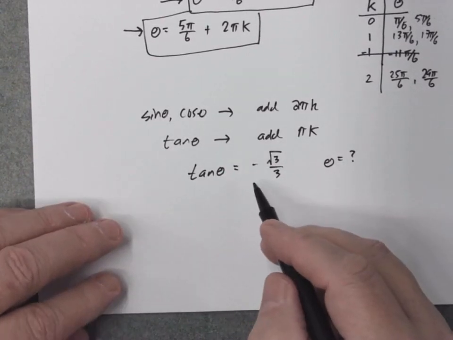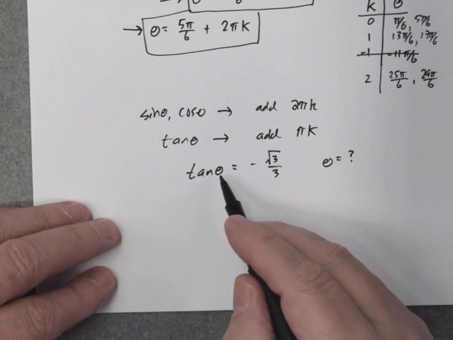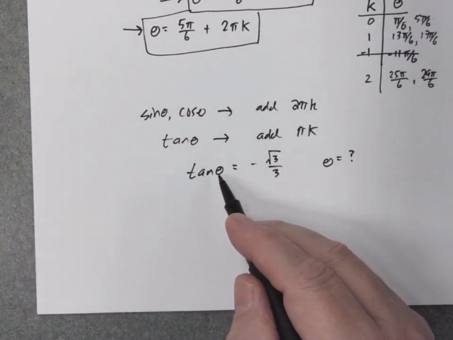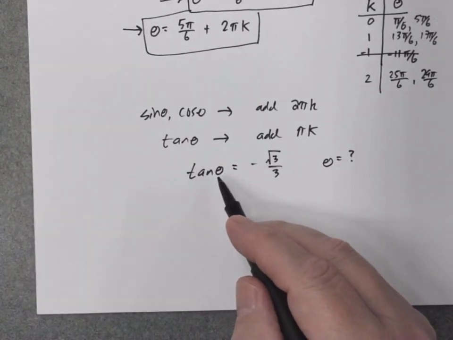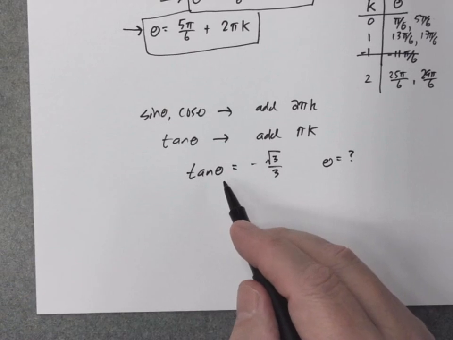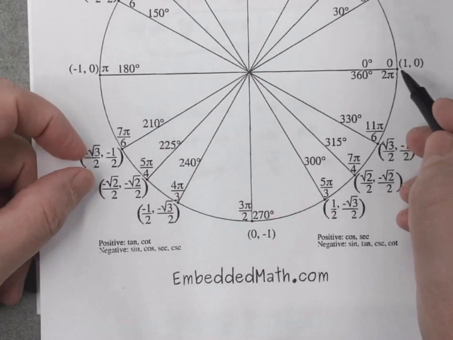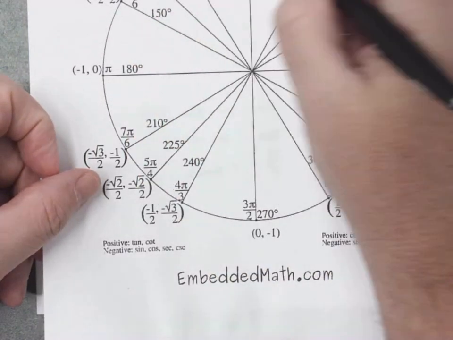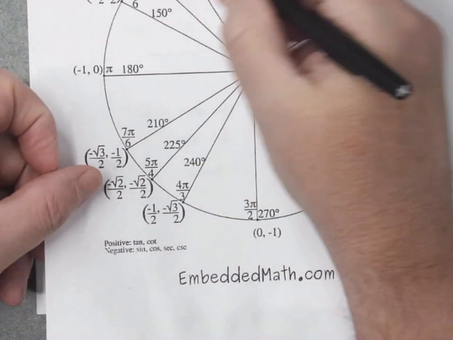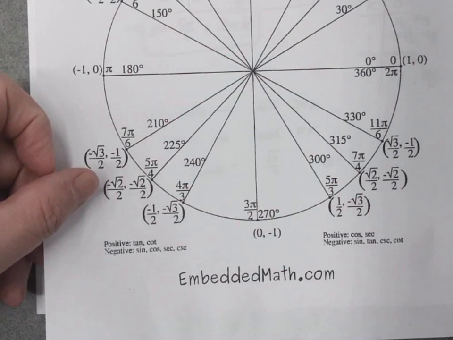Now with tangent of theta, I need to go to the unit circle, and with the unit circle, I don't even have to go all the way around. For tangent, I can just look at the top half of the unit circle and see what the solutions are.